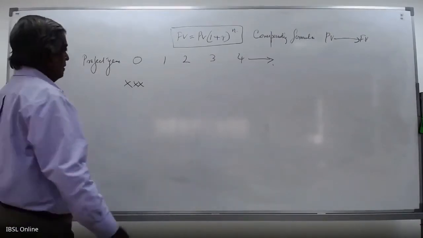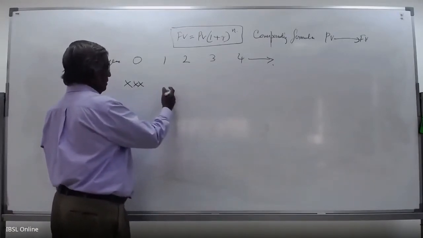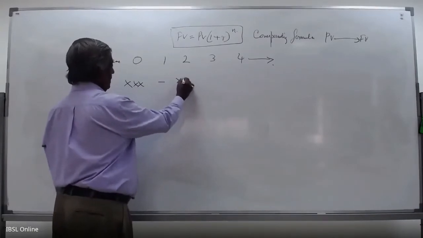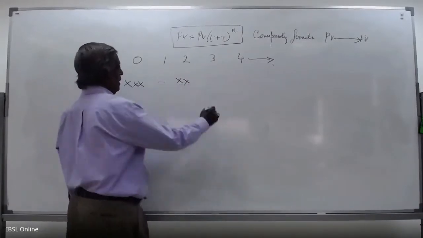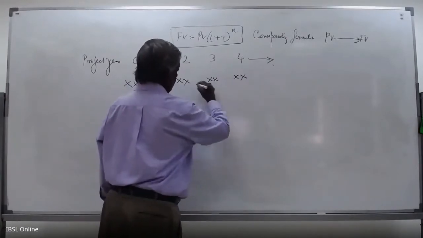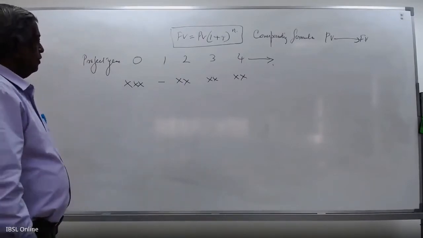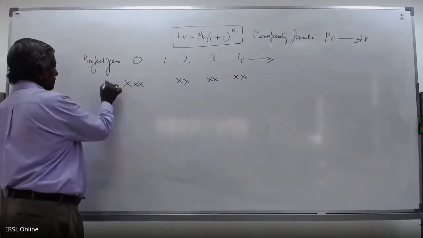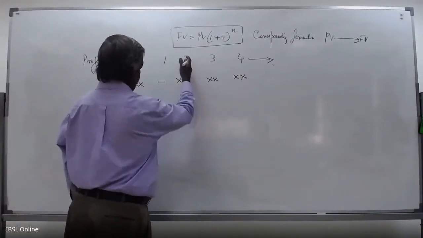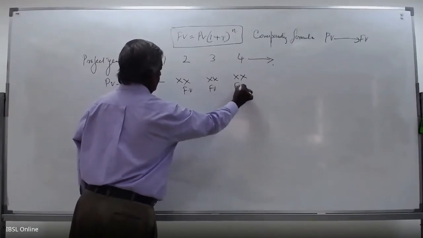Maybe you may get income from this investment sometime, or sometime you may not. The second year you are getting income, the third year also, and it goes on. So this is the present value. These are all future values, at the end of the second year, third year, fourth year, and it goes on.